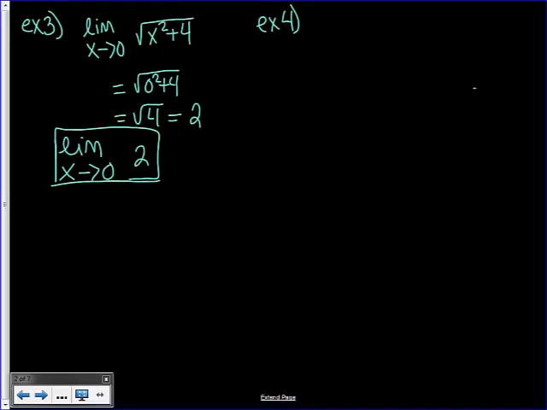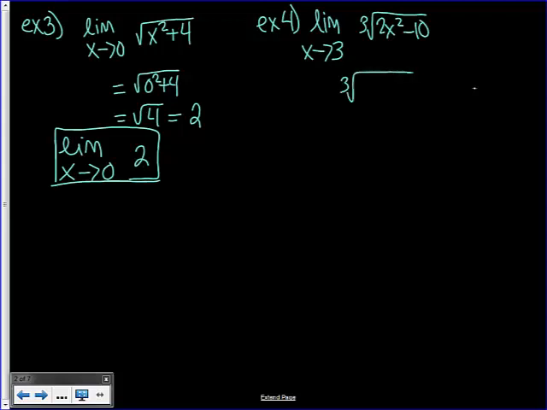Okay, let's do one more. Example 4. Okay, the limit as x approaches 3 of the cube root of 2x squared minus 10. Okay, so we're going to plug in 3.